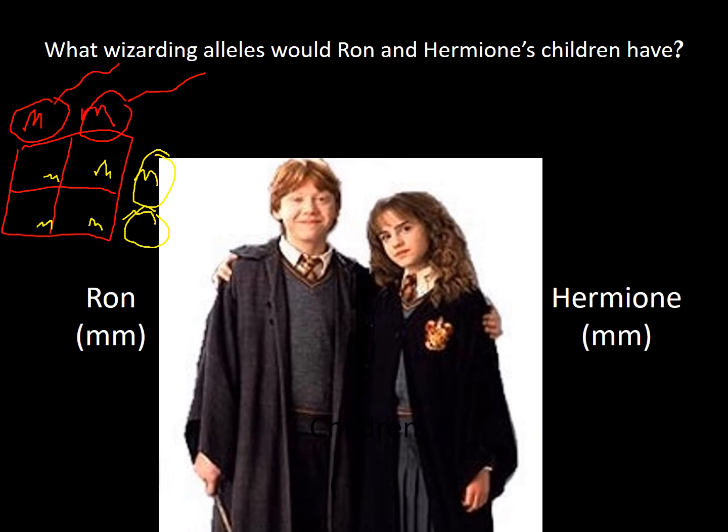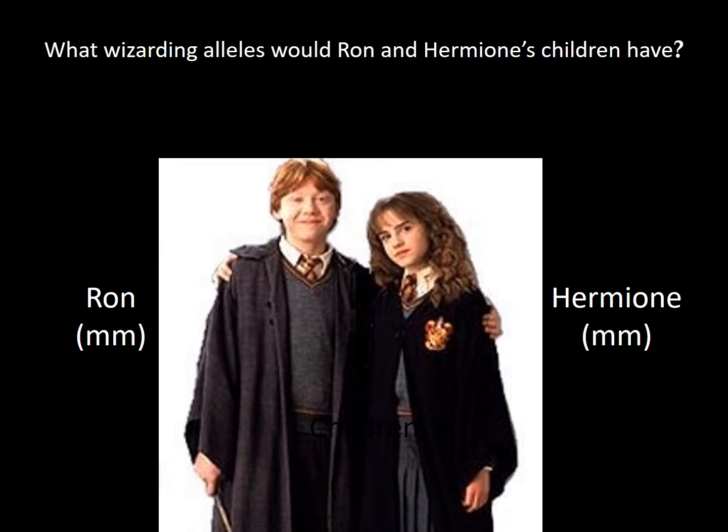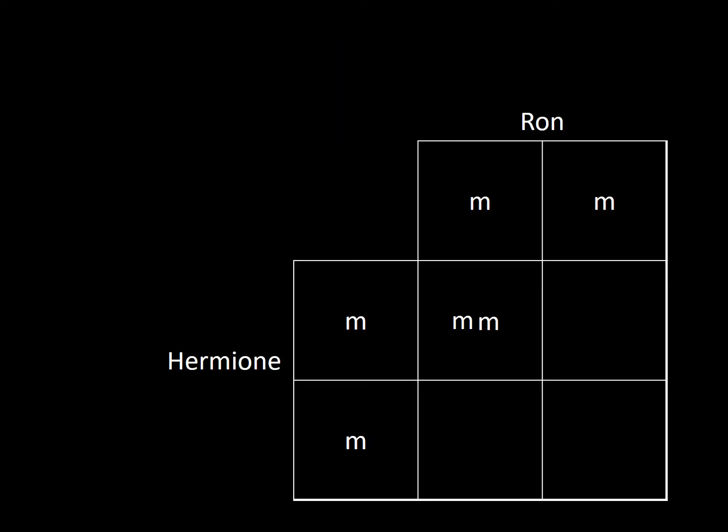And so each of these squares that were drawn out right here are a possible child combination. So dads are going to go down. So here we have an egg and a sperm meet, and if you look, every single one of these are little m, little m. So that means all of their children would be witches and wizards.